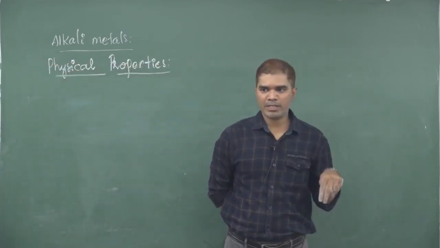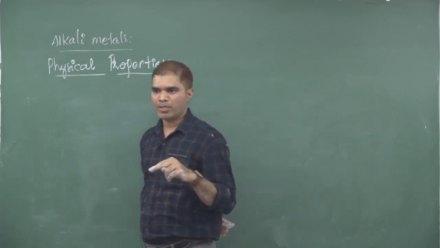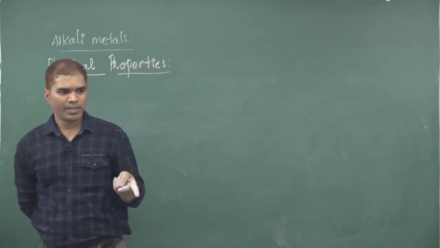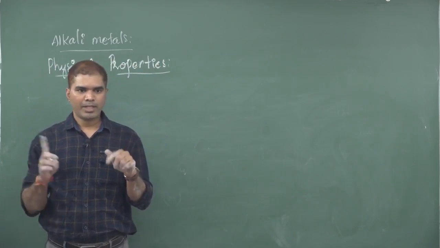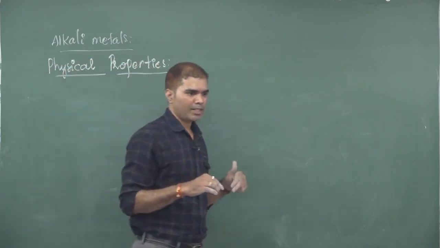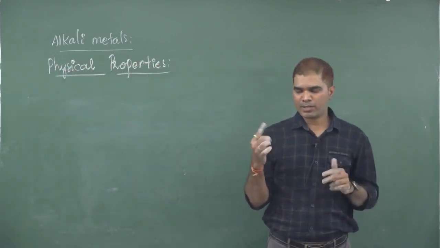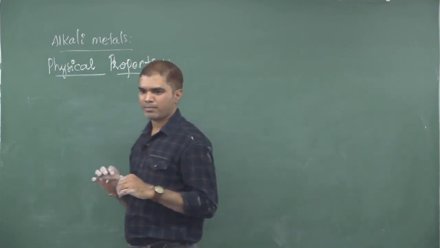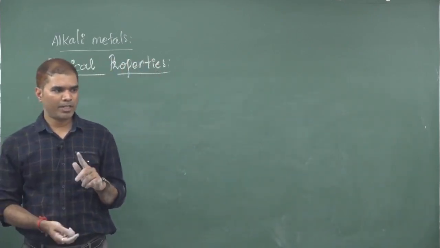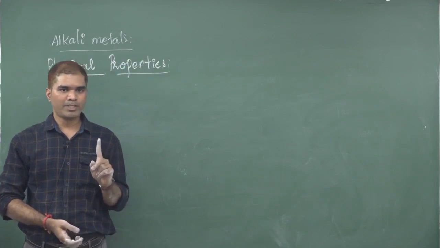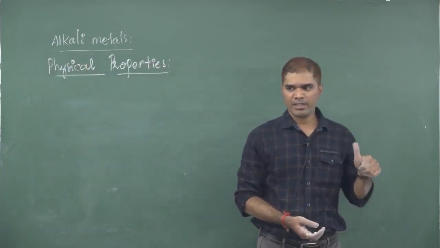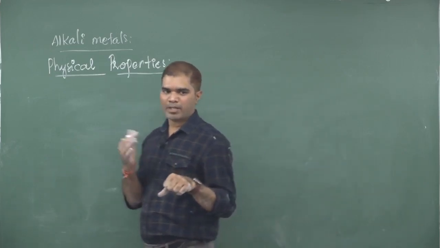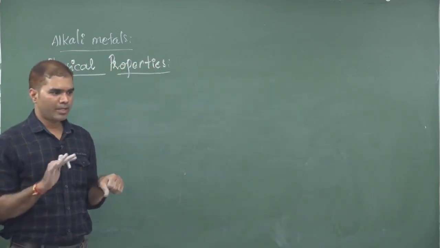Since metallic bond strength is decreasing, melting point and boiling point also decrease. Come to hydration. Hydration decreases. Hydration energy decreases. Size of the hydrated ion decreases. Ionic mobility increases. Softness increases. Hardness decreases. Melting and boiling point, I have told you, also decrease.